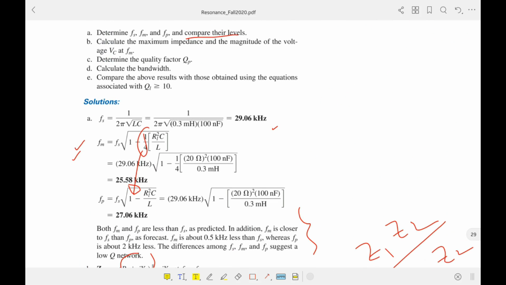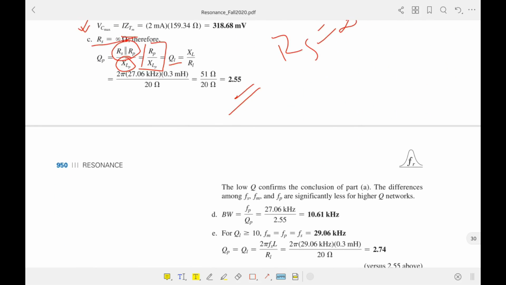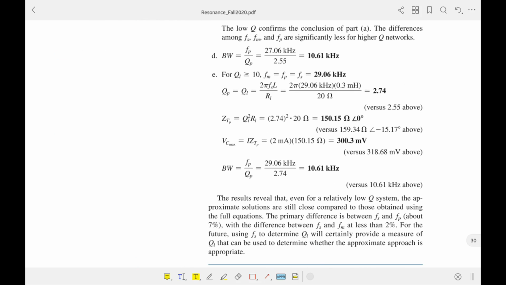And question E asks you to compare the above result when QL is greater than or equal to 10. You already know that when QL is greater than 10 we have some approximations. For example, first approximation, all these three frequencies are equal. Second, Qp equals QL, just like here previously it was found 2.55, and also ZTp equals QL squared RL.